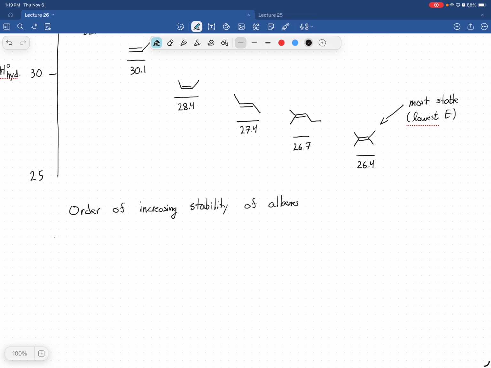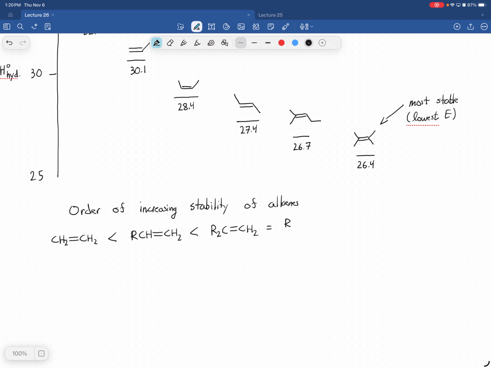So we got CH2=CH2 is the lowest. So less than RCH=CH2, less than R2C=CH2. Okay. And this is about equal to a cis alkene.